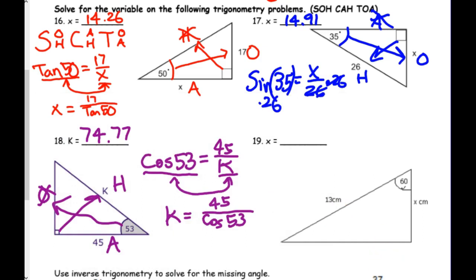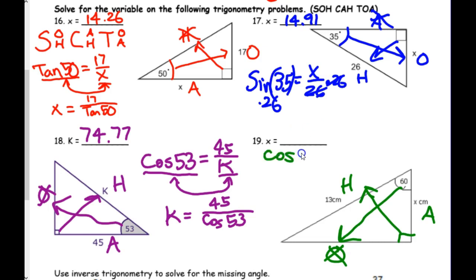All right, last but not least in this section, we got 60 as our theta, so we label O, H, and A. I do not need that O, so AH once again is cosine. Cosine 60 equals A over H, x over 13.